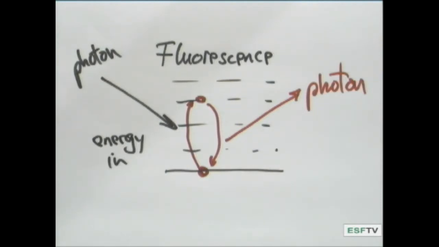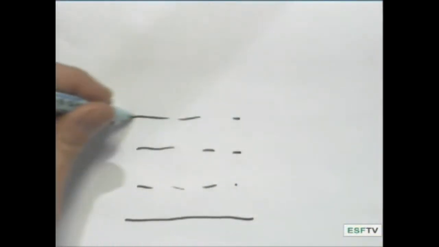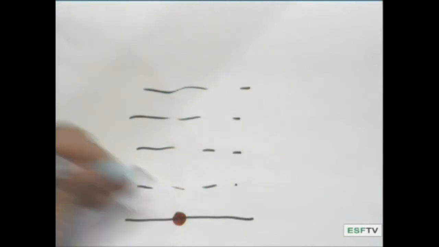Now, the fact that you can get photons being absorbed to mobilize electrons means that there's another very interesting thing that light can do, and that is that if you have a ground state, again, and you have a series of excitation states with an electron that can be boosted up to another excitation state.